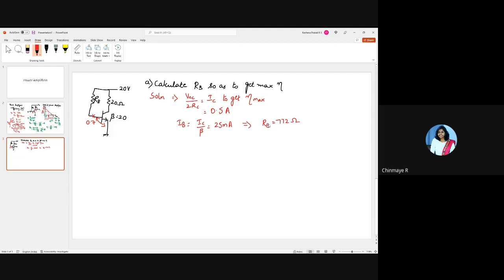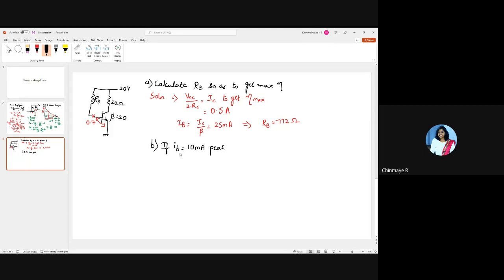So now, suppose, okay, the next part of the question. If IB, that is the base current, is 10 milliamperes peak, as in I give IB peak as 10 milliamperes.